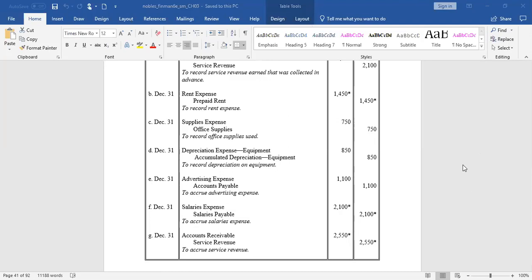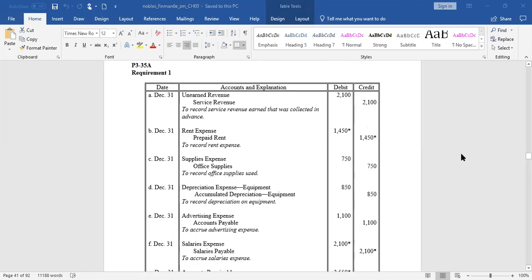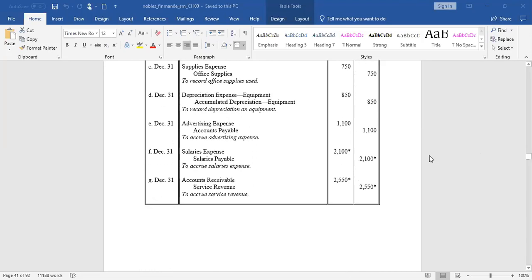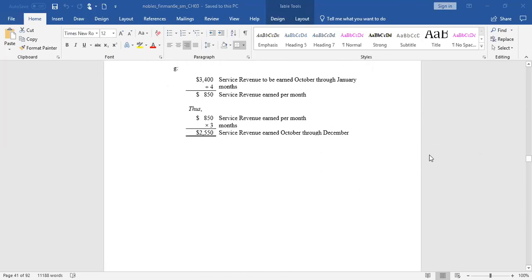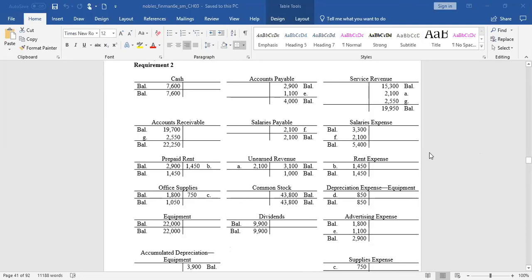Okay, guys. Well, then our next step, if you think back to our discussion on Tuesday, is we've got to post each of these journal entries to the general ledger T accounts affected and update the balances for these missing items. So you have your journal entries in front of you, and I'm just going to show you in the answer key.